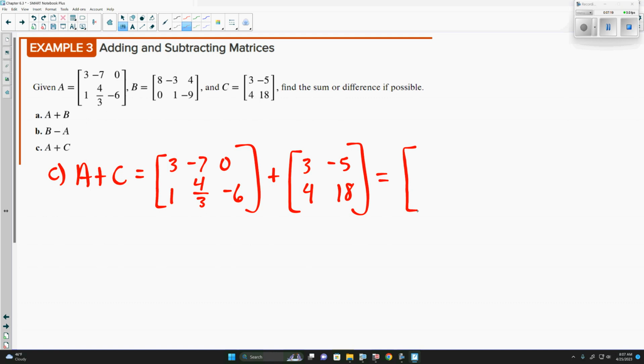So we can go on and start adding the corresponding elements. So we'd have 3 plus 3. I'm going to drop down 1 and say 1 plus 4. Then we have negative 7 plus negative 5. Then we have 4/3 plus 18. Then we have 0 plus what? Or negative 6 plus what?